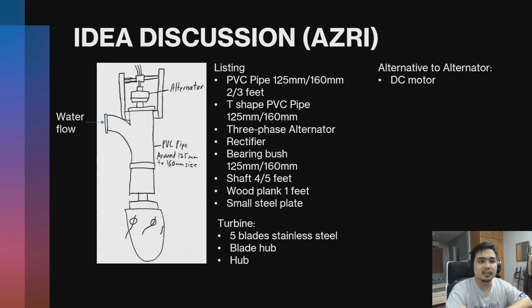It depends on the diameter of the PVC pipe. The bearing bush will help the shaft, which is 4 or 5 feet, to rotate consistently in the center of the PVC pipe, and also to consistently rotate the alternator.